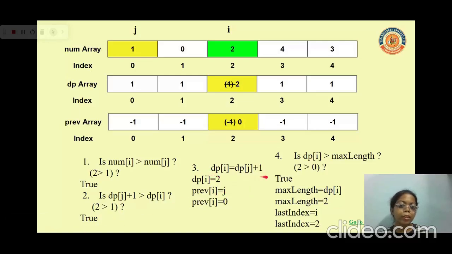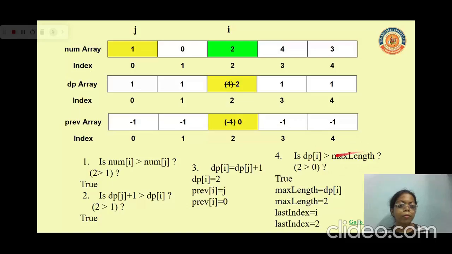We will update dp of i to 2 and previous to j. That is, I am noting down that at location 2 I have got some previous element with which I can form an LIS, and I will check whether my maximum length is changing or not.